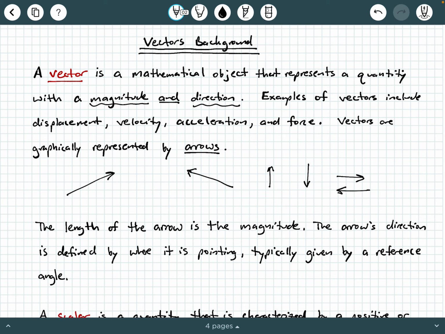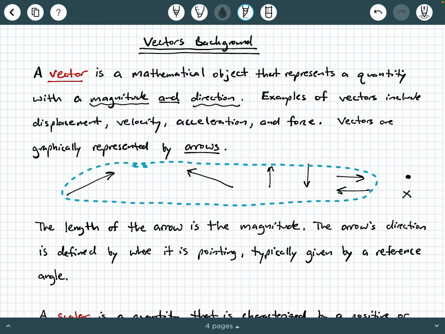If you have a vector that's pointing out of the screen at you, like in the third dimension, that might be represented as a dot. If you have a vector pointing into the screen away from you in the third dimension, that could be like an X right there. For most of our applications in statics, though, we're going to be looking at two-dimensional or planar vectors, which would be mostly looking like what I just drew here.